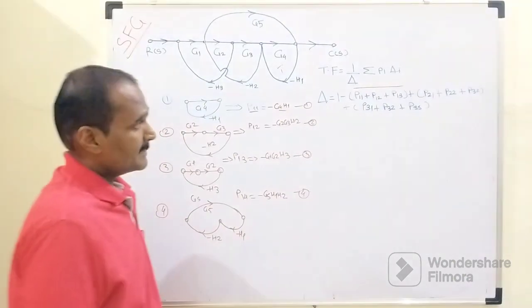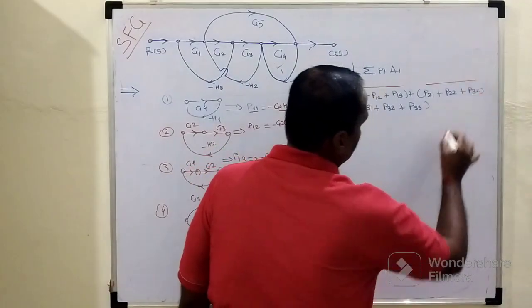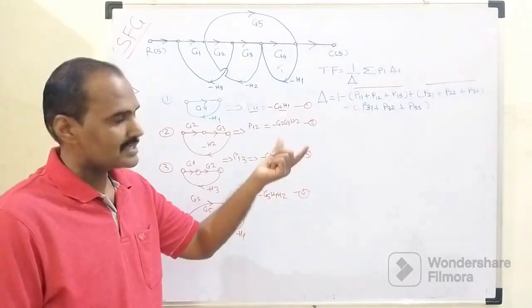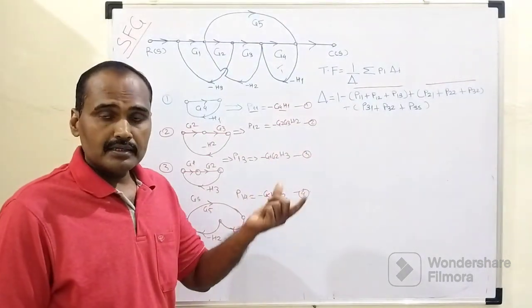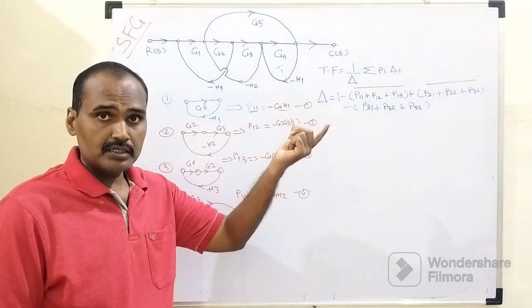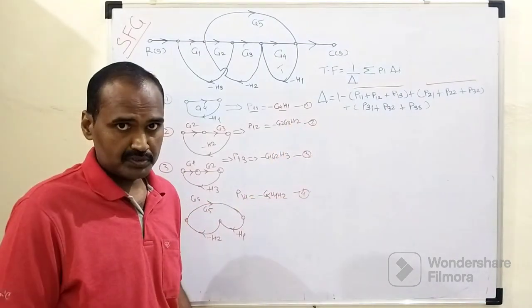Then similarly, in the next step we need to determine the parameters which are written within the second parenthesis. What are these? As I told you earlier, these terms are the gain products of any two non-touching loops, right?